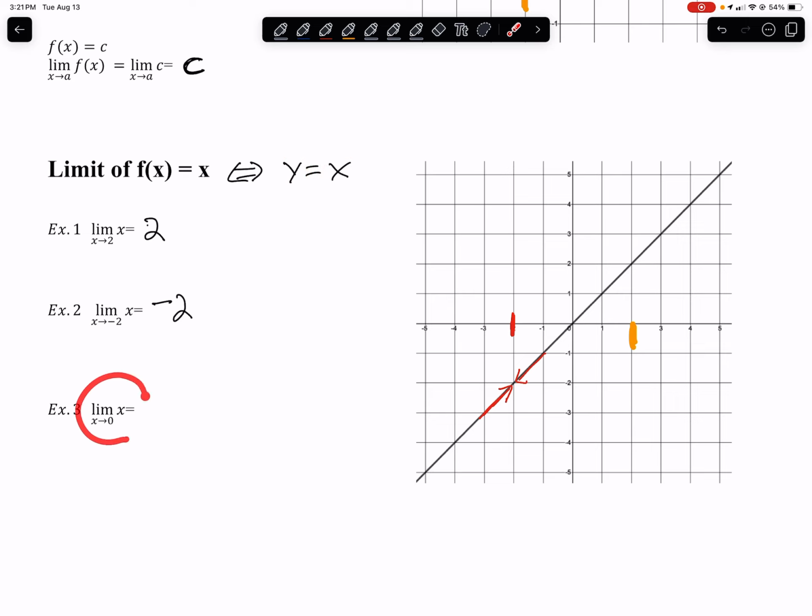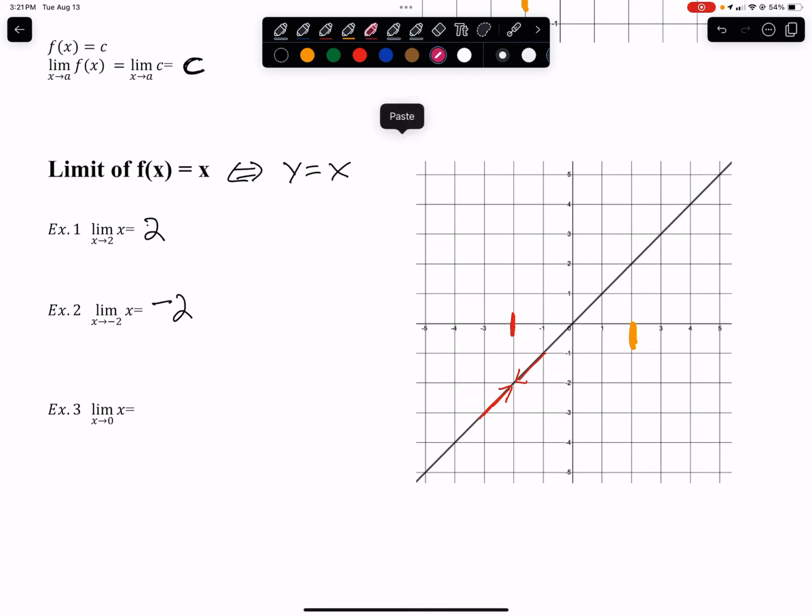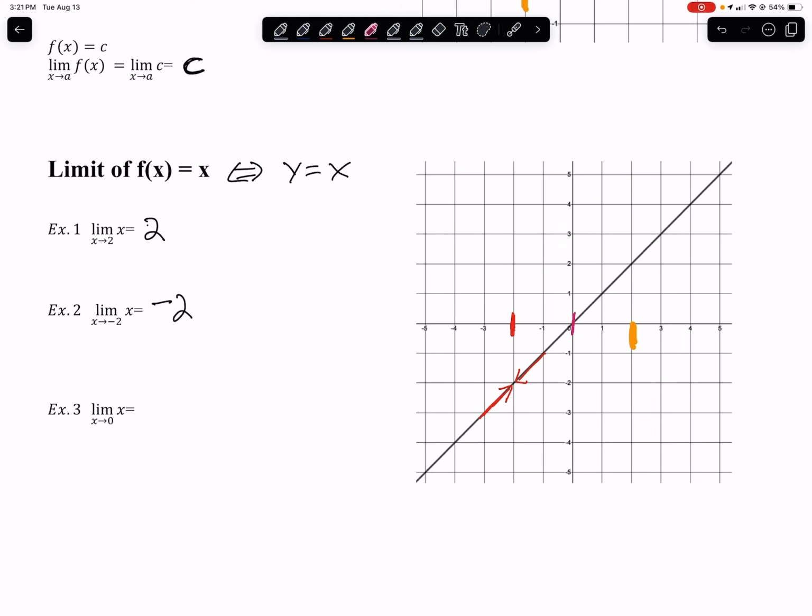So go ahead and take a look at example 3. Kind of do that in your head real quick. You can pause if you need to, and I'll give you the answer. So we're approaching 0. Here's 0.